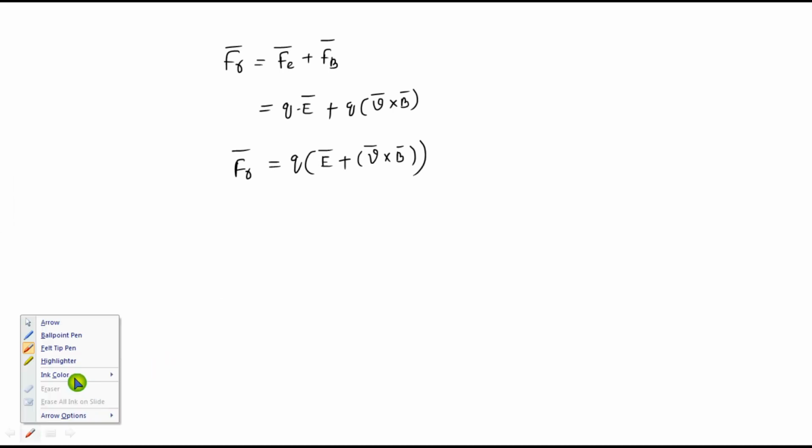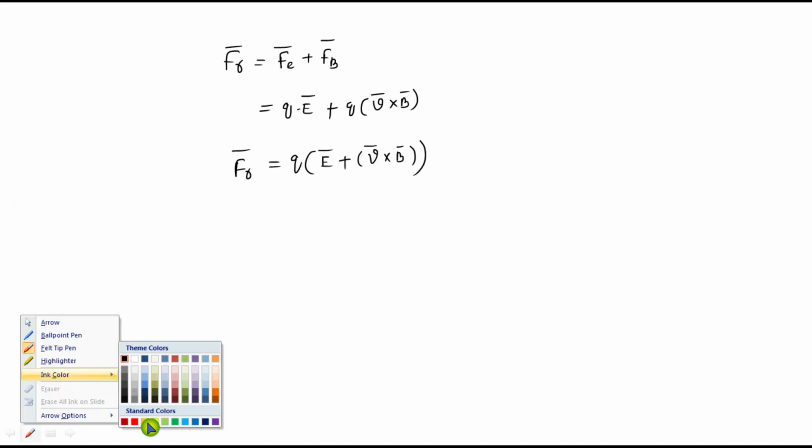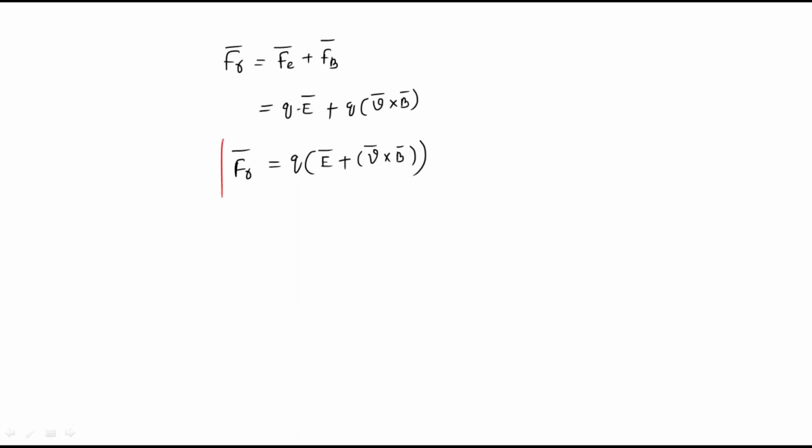So what is the force due to electric field? We all know it is charge into electric field, plus Q into v cross B. So Fr equals Q into E plus v cross B. This is the resultant force acting on a moving charge due to electric and magnetic fields.